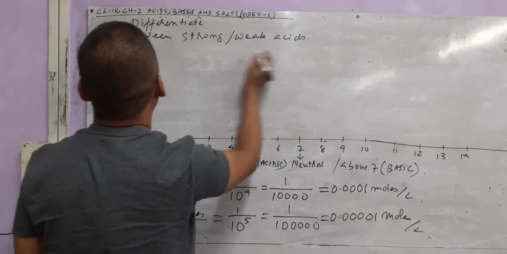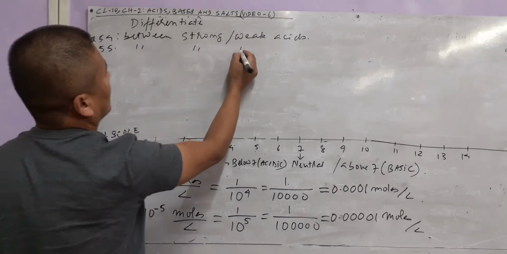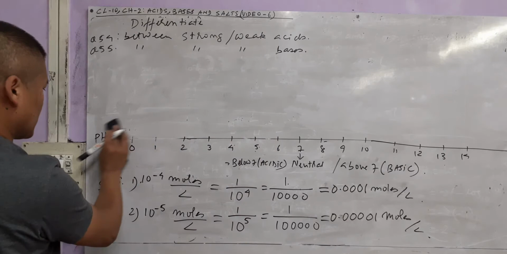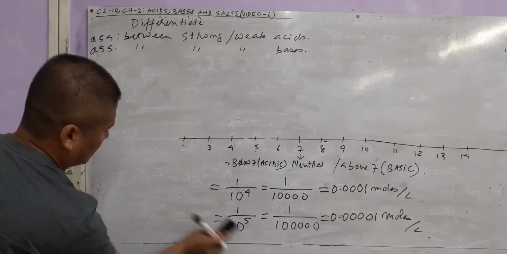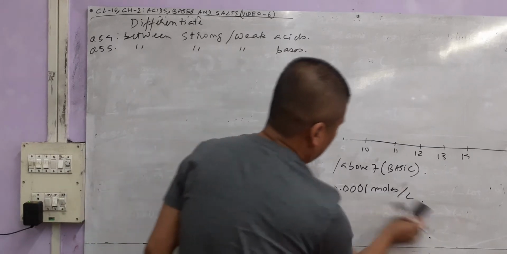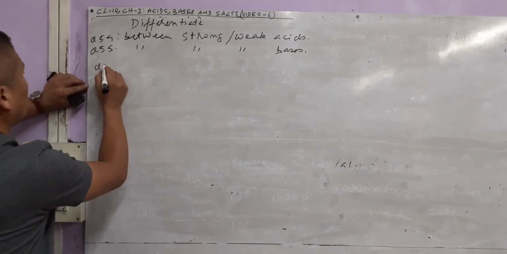What is the difference? And question number 55 says differentiate between strong and weak bases. So we will deal with these two questions before we go on. Now, to make it easy to understand, let us take one by one here. So let us take question number 54.